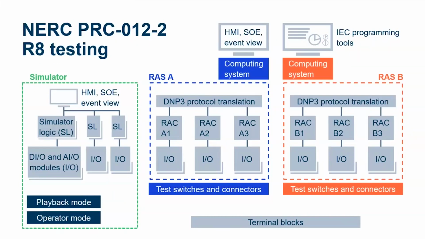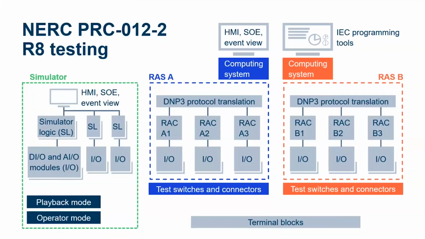Functional testing refers to the testing method where the actual functionality of the RAS is to be tested, meaning the input states that drive detection to action need to be tested. I do want to remind the audience that these tests are not lab tests, but are site tests that are performed to identify latent failures.